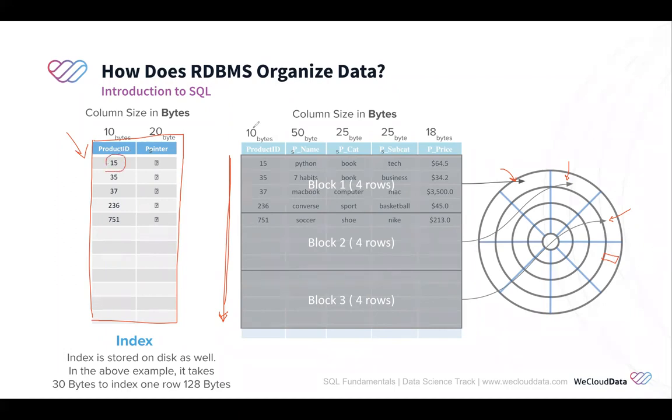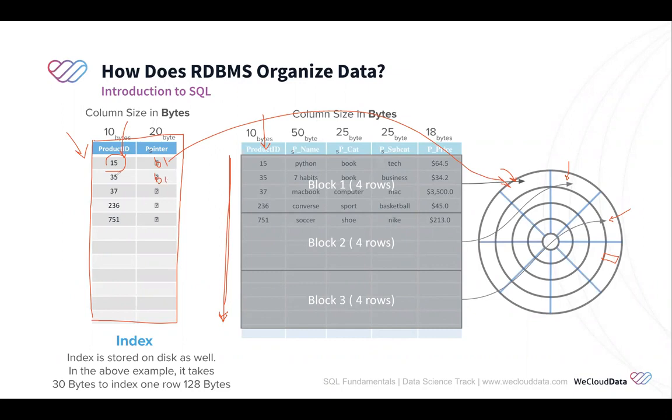If we create the index based on the product ID, that means in your index, you're going to have the product ID, and the pointer also points to the block where you can actually find the data, right? So it tells you that, well, product ID 15 is in block 1, for example. 35 is in block 1 as well.